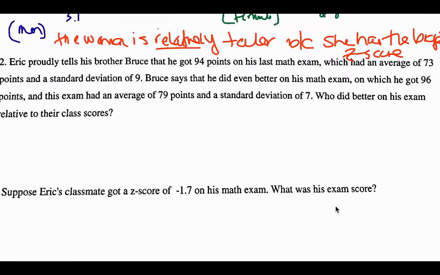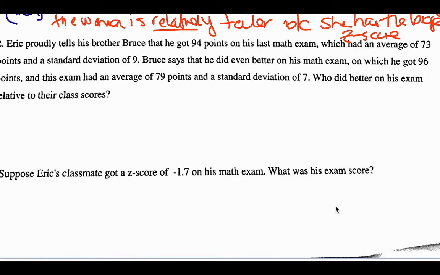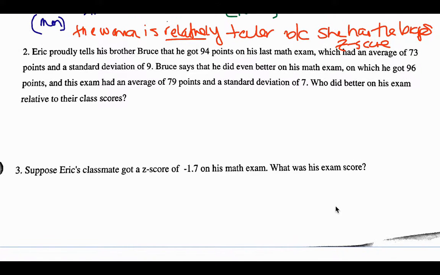Let's try another one. See how that was really nice and comparative too. I really like that example. Eric proudly tells his brother Bruce that he got a 94 on his last math exam. So he got a 94, with an average of 73 and a standard deviation of 9. And his brother's like, well, that's nice, but he got a 96 with an average of a 79 and a standard deviation of 7.